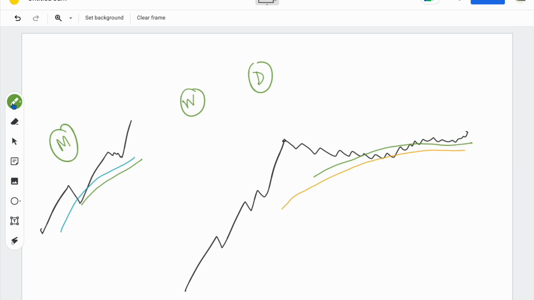What will happen here is that when you have the monthly criteria set, the monthly starts contracting. And when the daily comes to its 50 moving average, it will give you strong green candles.